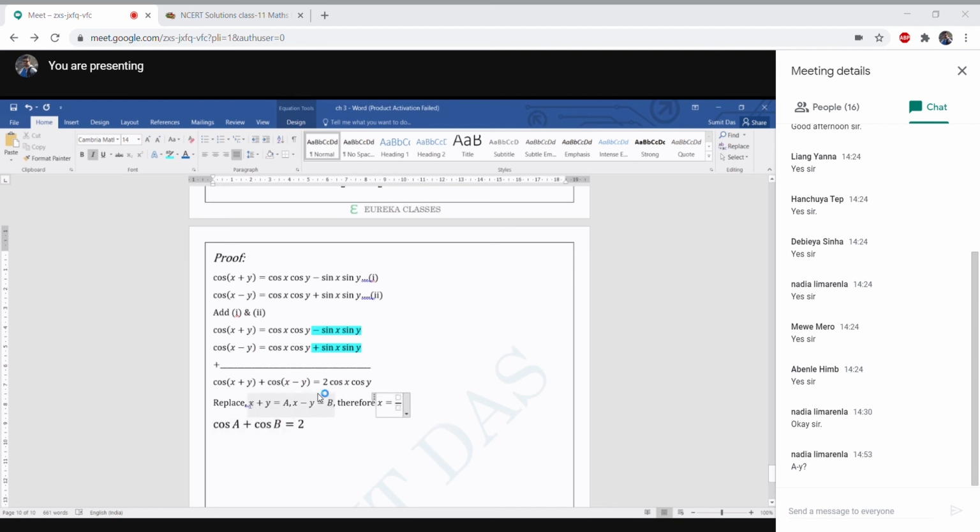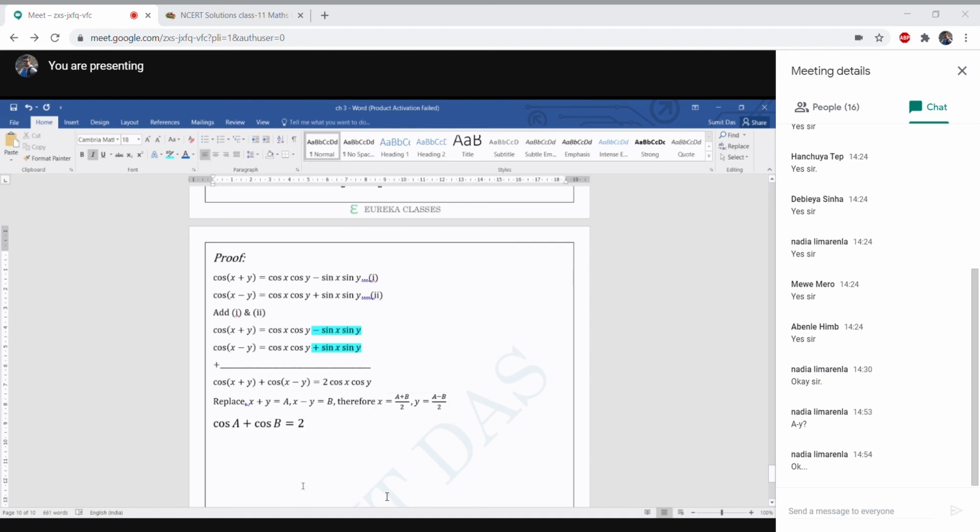Look, if you add these two equations, the y cancels, so it will be 2x equal to A plus B. So the x value will be A plus B divided by 2. Similarly, the y value will be A minus B divided by 2.